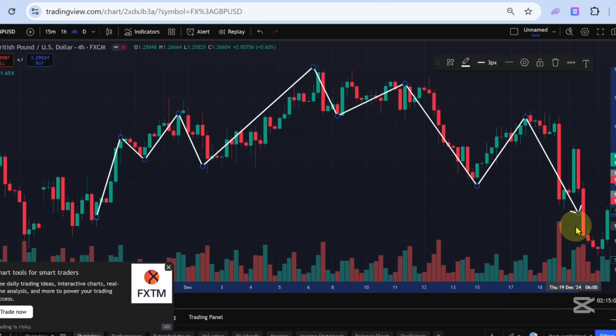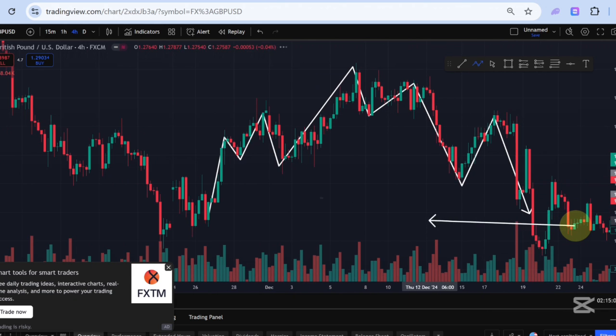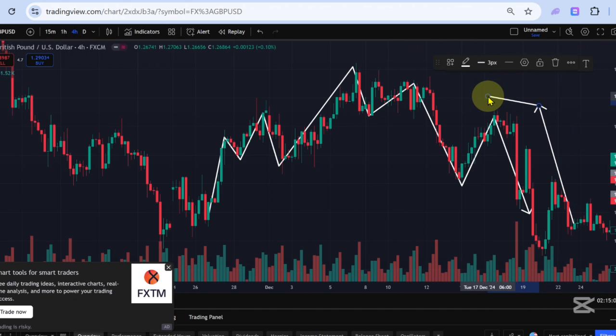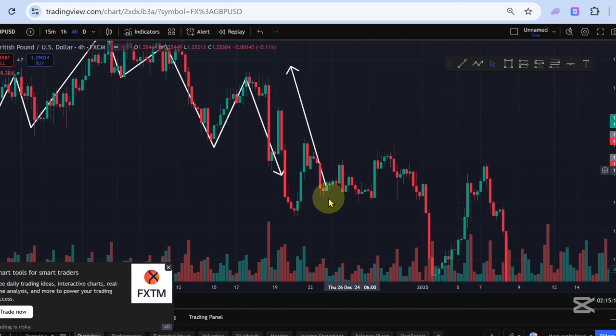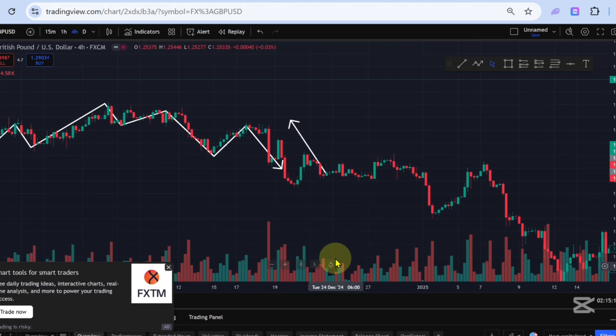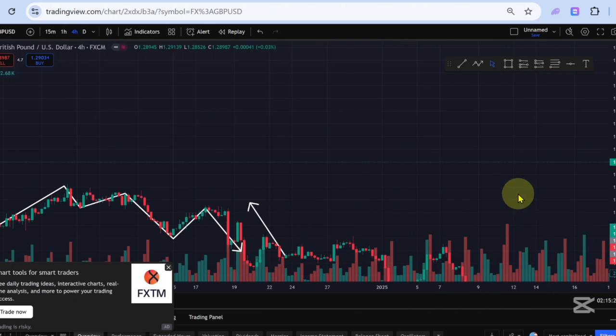So I'm going to adjust the chart for you guys to see. You can see right here, when the market breaks below it, the price went down, the market changed into a downtrend. This is always similar to when you're in a downtrend.